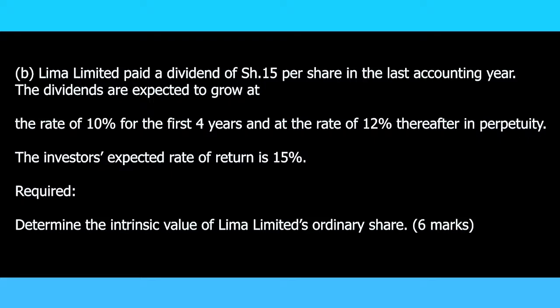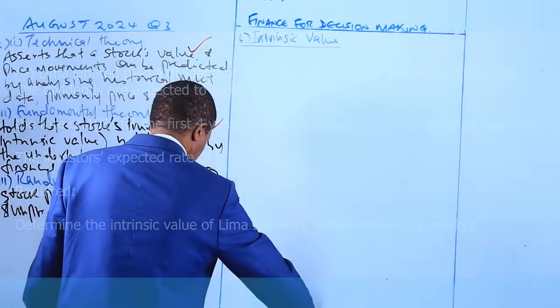After growing this dividend for the 4 years, we then discount the dividends by multiplying the value of the dividend with the present value interest factor at 15% and the number of periods. We discount, then get the present value. Then we are going to get the sum of the discounted values. That is what we are going to do in order to determine the intrinsic value.